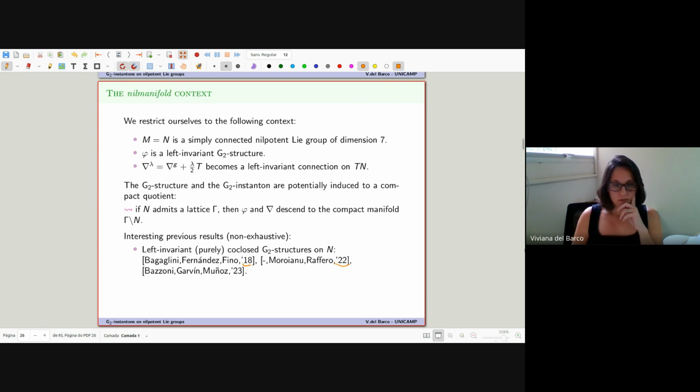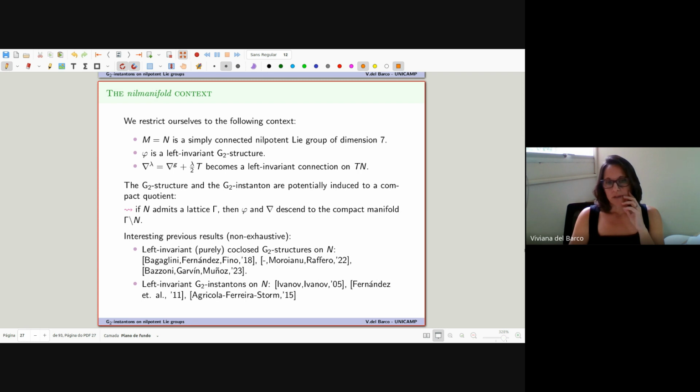And in 2023, there is a classification, again in dimension 7, of nilpotent Lie algebras of nilpotency step larger than 3. I think they go up to 4 and classify which ones have purely coclosed G2 structures. But Bazzoni, Garvin, Munoz also rely on classifications of the algebras.